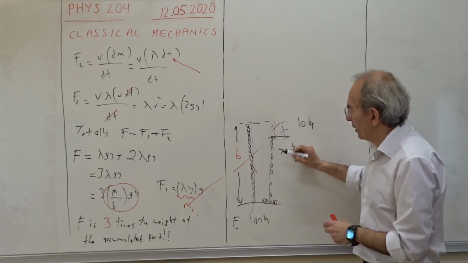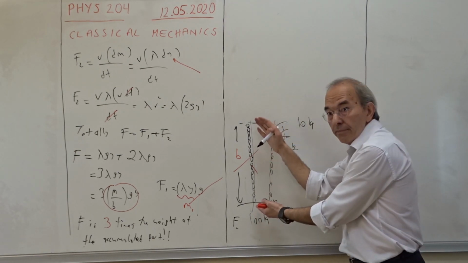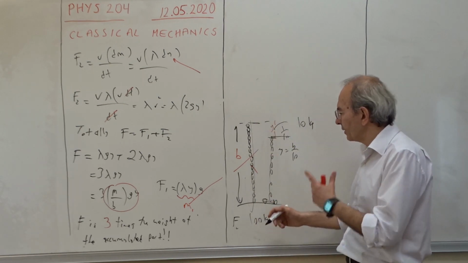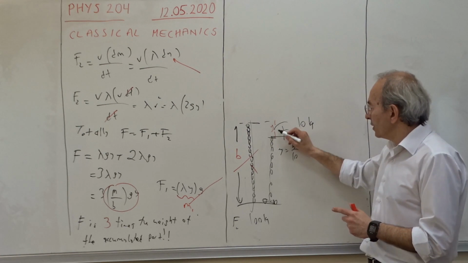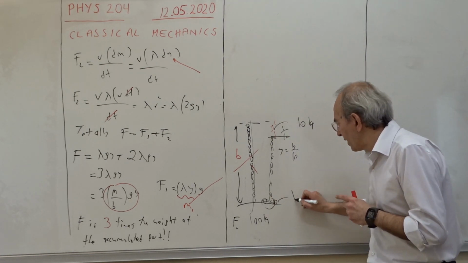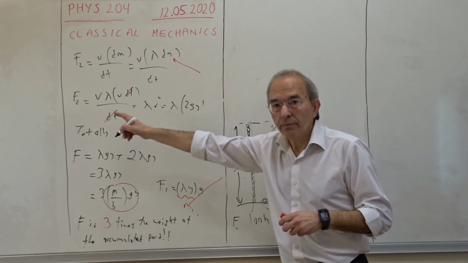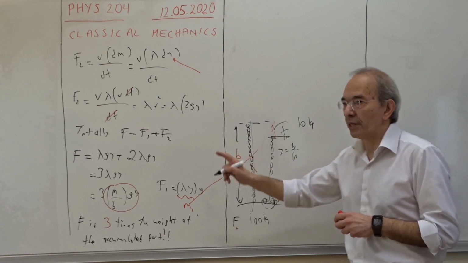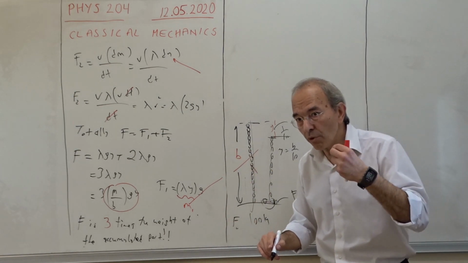Total mass is, let's say, 100 kilograms. Since only 1/10 of it has fallen, this part has a weight of 10 kilograms. First part.